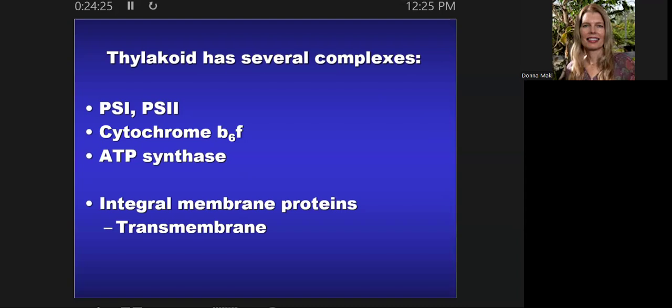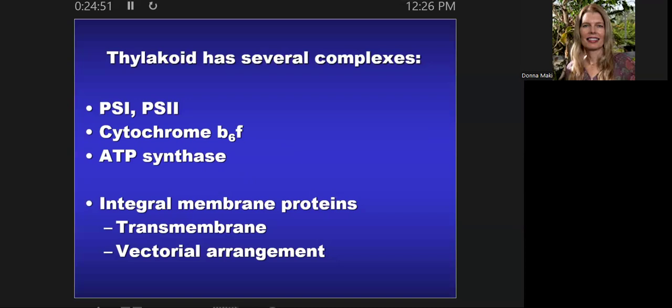And when you look at how they are stuck into the membrane, they say it's a vectorial arrangement, which basically just means the arrangement of the components through the membrane. It allows for certain reactions to occur on either side of the thylakoid membrane.